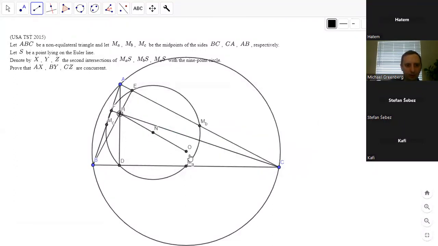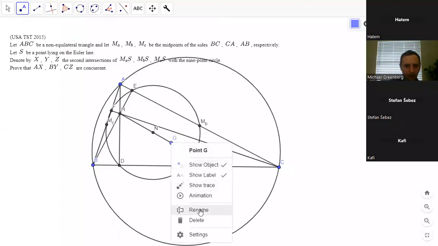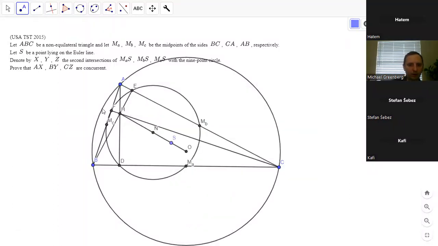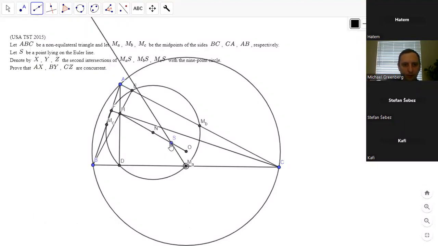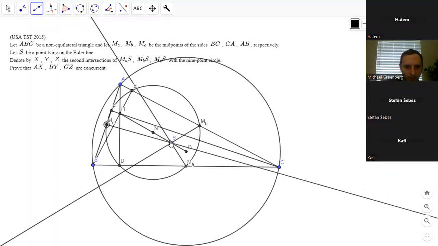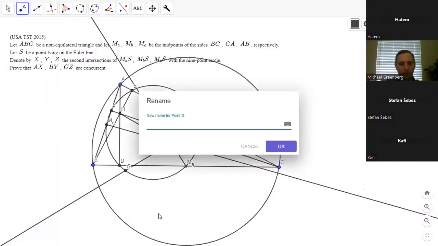So S is just any point lying on this line. It doesn't have to be on the segment OH. And we let MAS, MBS, and MCS intersect the 9-point circle at X, Y, and Z. And so this will be phi.